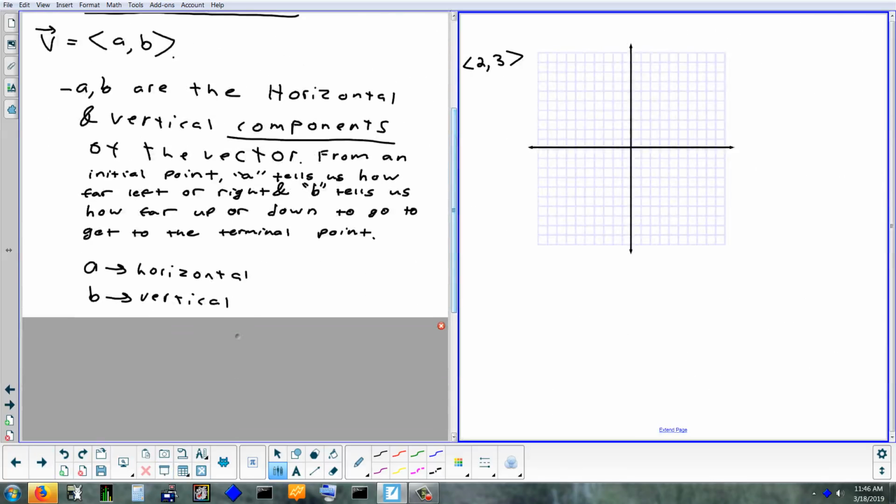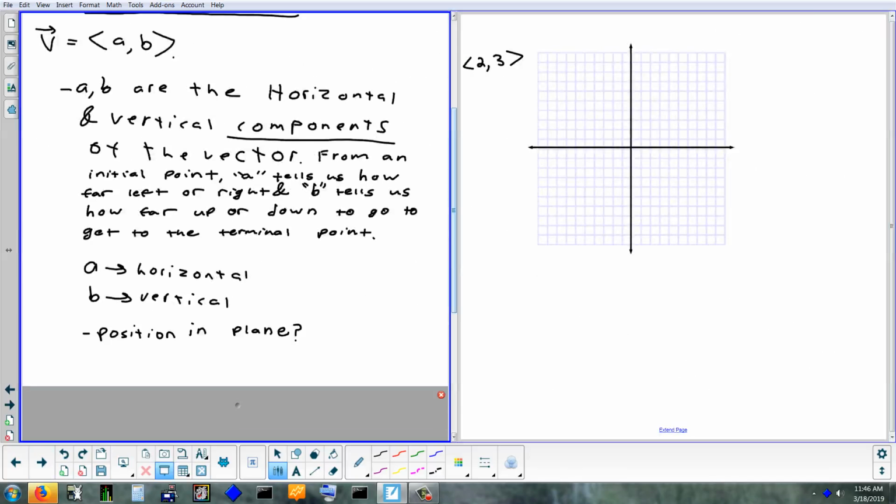So the 2 is the horizontal component, the 3 is the vertical component. What doesn't it tell me though? There's something that notation doesn't really make clear, because I want to get ready to draw that. Yeah? Starting point. It doesn't really tell me where to put it.